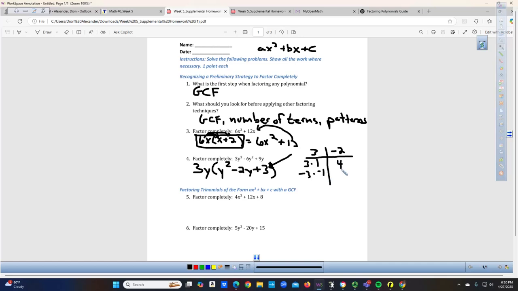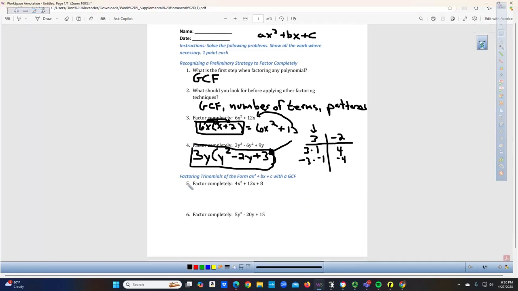If I add these together, I'm going to get either a positive 4 or a negative 4. And since I can't find factors of 3 to give me a sum or difference of negative 2, I know that this trinomial isn't factorable. Therefore, this is as factored as this question will get. So this will be my final solution.